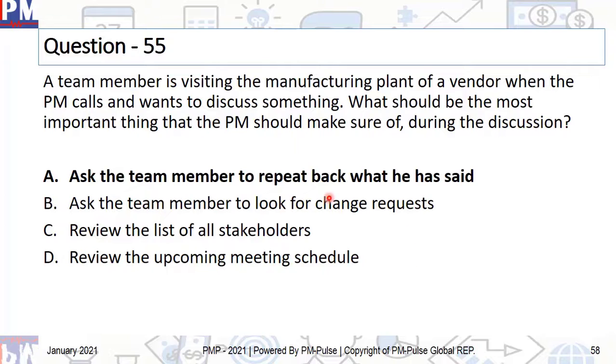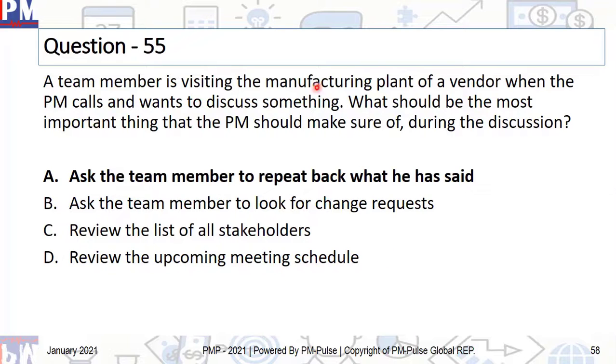And the correct answer is A. Ask the team member to repeat back what he said. Remember, if you look at all these options, the other options are based on assumptions, right? So review the list of all stakeholders: you're assuming that the other person has gone to the customer side or to the factory to talk to the stakeholders. Or review the upcoming meeting schedule. So these are all based on assumptions.